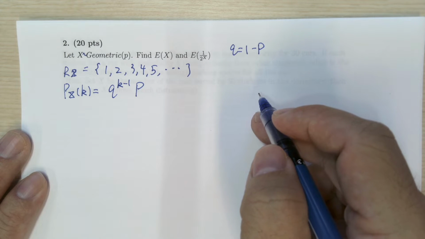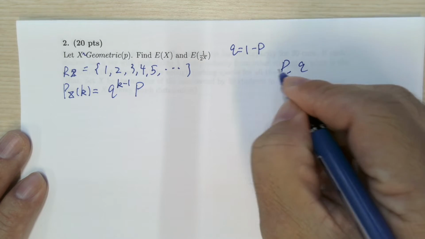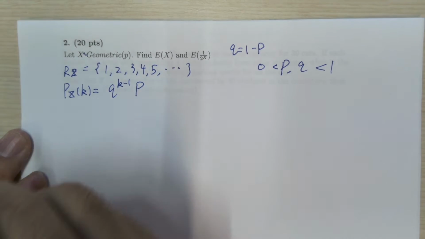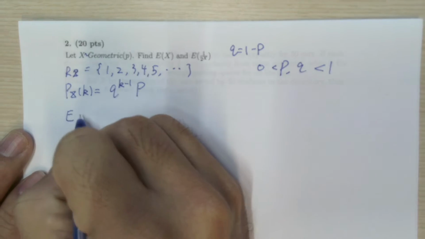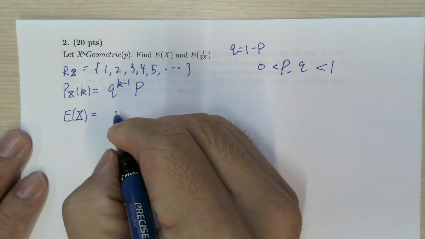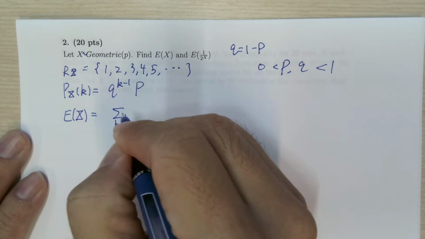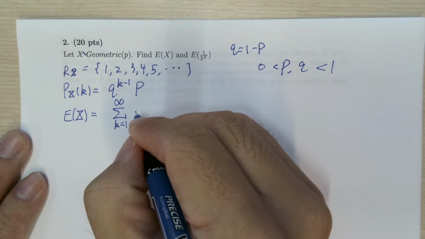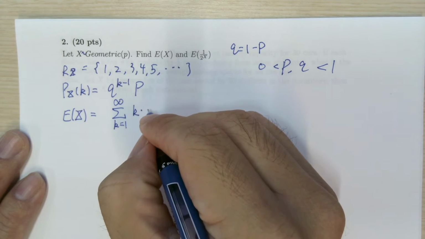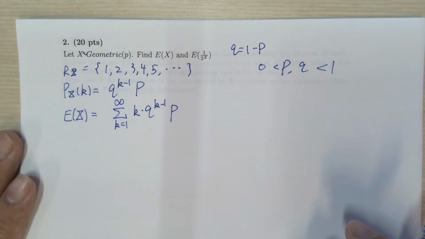Now, noticing that p and q are both between 0 and 1, the E[X] can be written as the summation k from 1 to infinity of k times q^(k-1) times p.